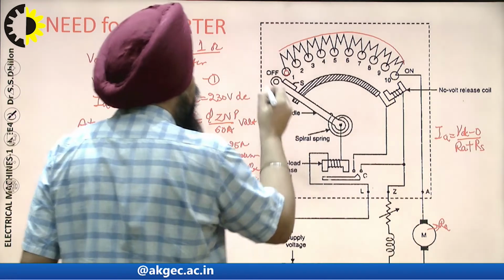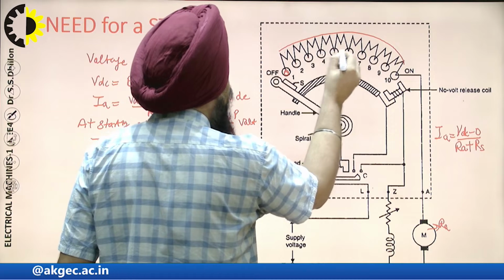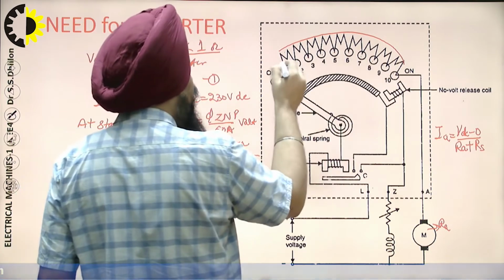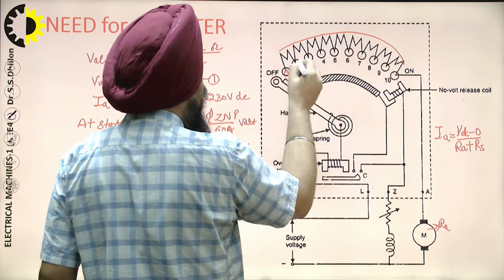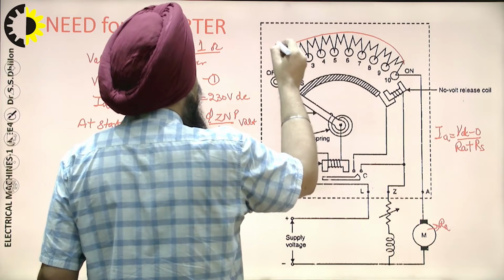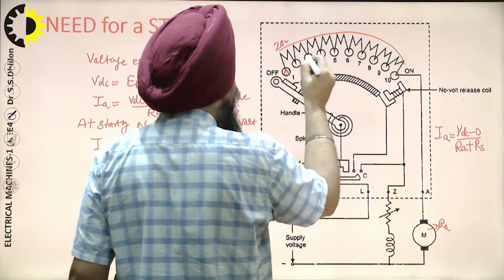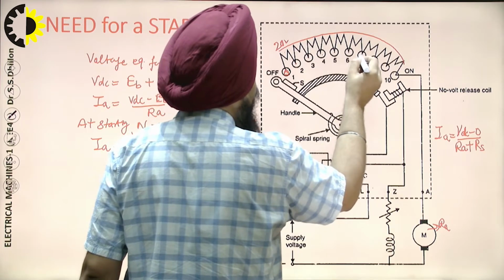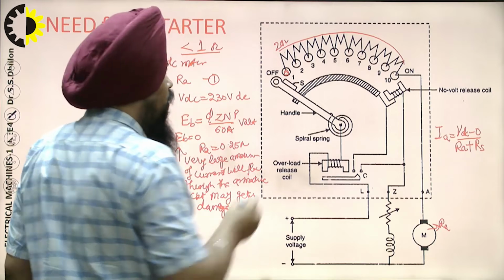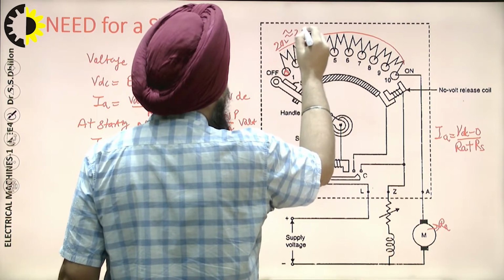You can see these conducting studs made up of brass, and between each two studs there is a resistance. You can consider, say, 20 ohm between 1 and 2, similarly between 2 and 3, 3 and 4, 4 and 5, 5 and 6, and approximately 10 studs in all. The total resistance is approximately 200 ohm.